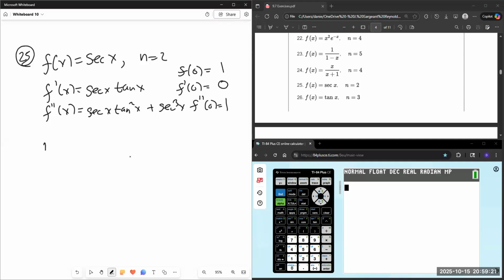So this will be 1 plus 1x squared over 2 factorial, which is equal to 1 plus 1 half x squared for my P2 of x.